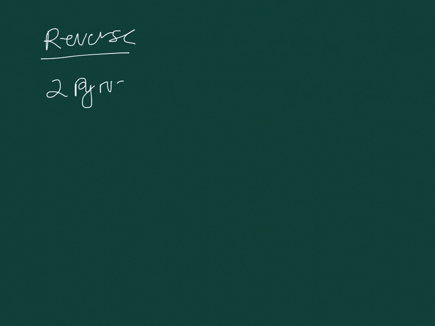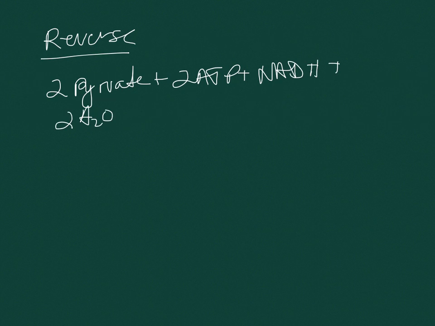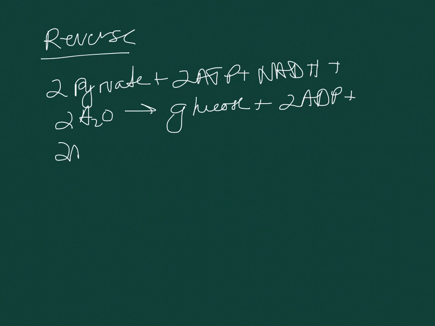When you look at glycolysis, the overall reaction, okay, if we were to just reverse glycolysis, we would see it would be 2 pyruvates plus 2 ATP plus NADH plus 2 waters equals glucose plus 2 ADPs plus 2 inorganic phosphates plus 2 NAD plus 2 hydrogens.